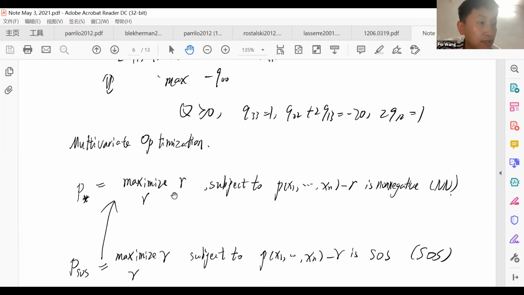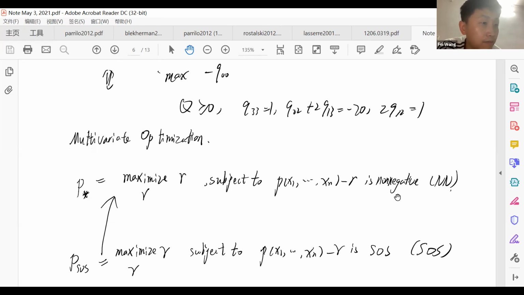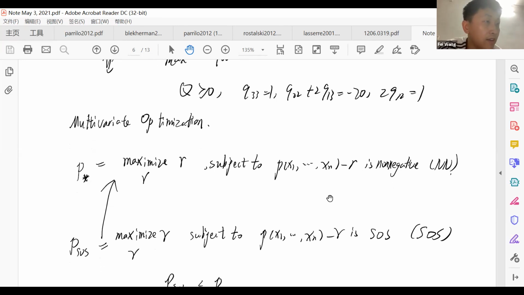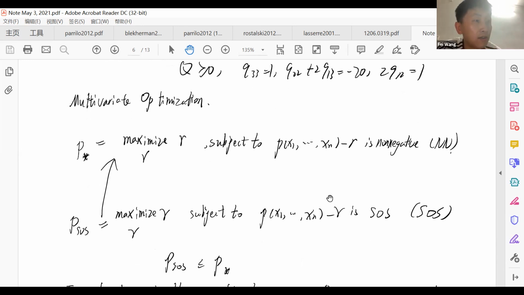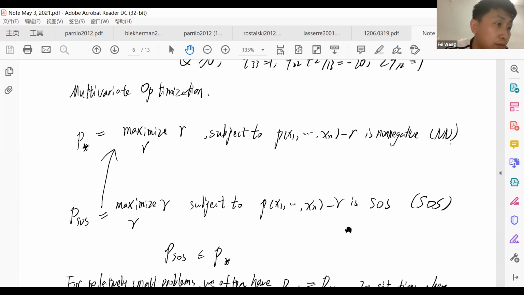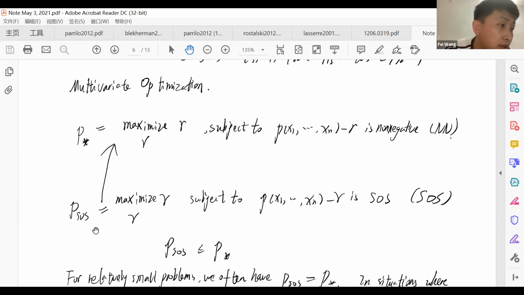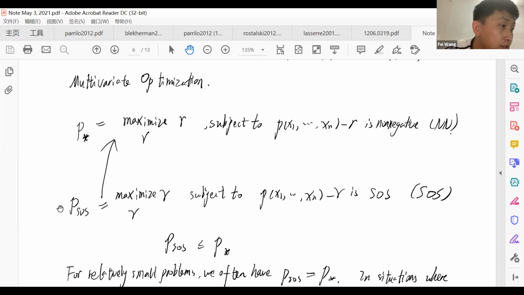We could maximize gamma such that p(x1, ..., xn) minus gamma is non-negative. And then we approximate this problem by a sum of squares problem.